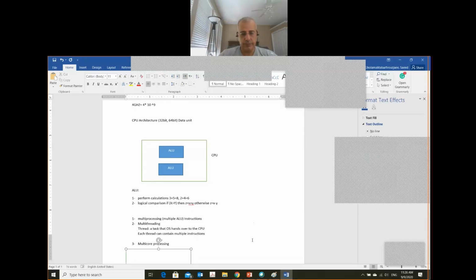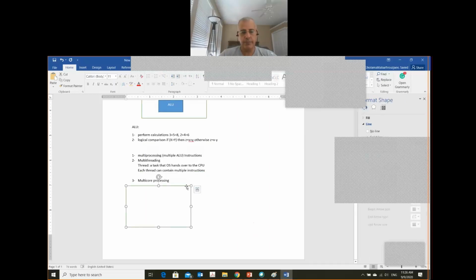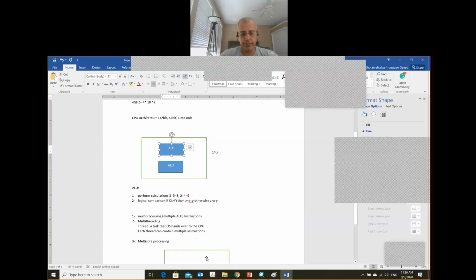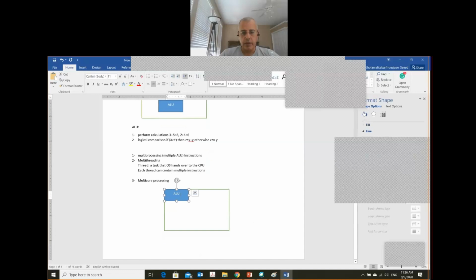Okay. Suppose this one is a CPU, and instead of one ALU, we have multiple cores.